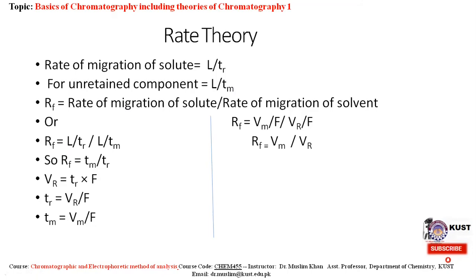Putting equations 1 and 2 in this equation, we get L divided by TR divided by L divided by Tm. Cancelling L and L, we get RF equal to Tm divided by TR. This is equation number three.